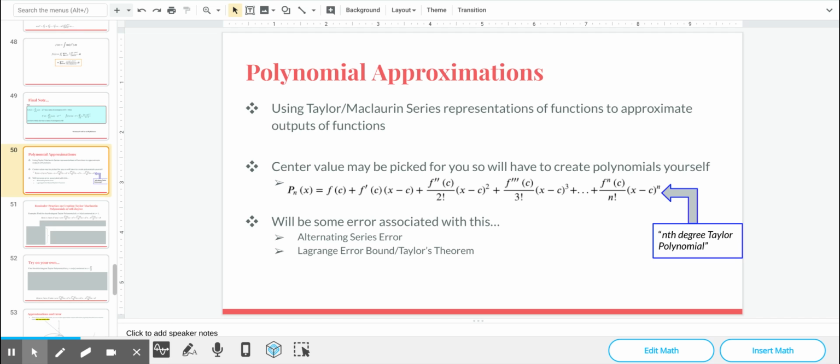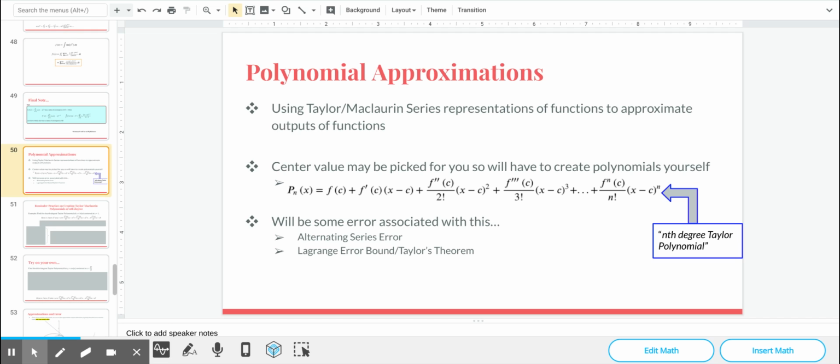And so we want to be able to approximate some known function at a certain input value that is hopefully close to the center value in which that series is constructed around.